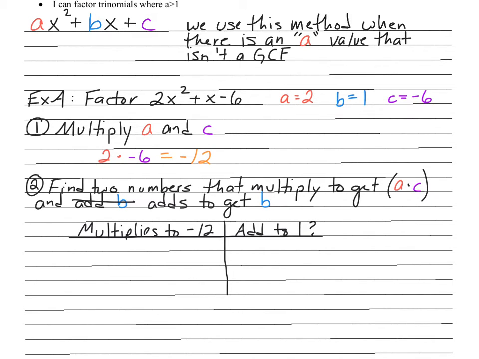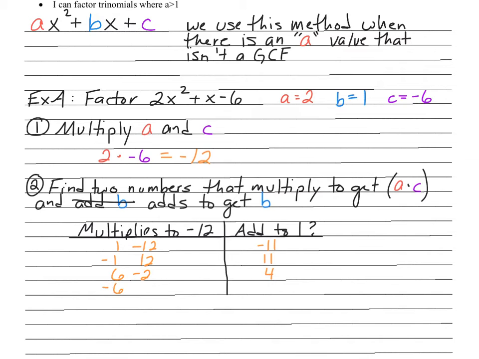So Devin, you were throwing out some combos there. You said 1 and 12, but one of them needs to be negative, and that would give me negative 11, so that doesn't work. Even if I make the 12 negative and the 1 positive, that still gives me positive 11, so that's not it. So what are some other things to multiply to get 12? 6 and 2, which gives me 4, which doesn't quite work.